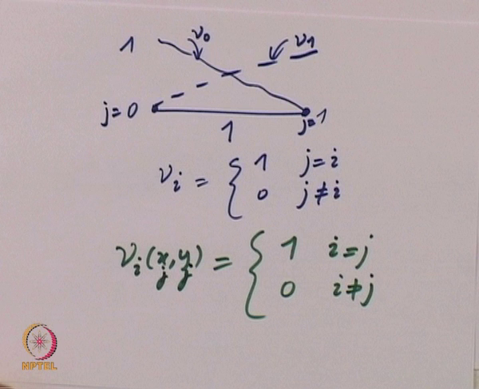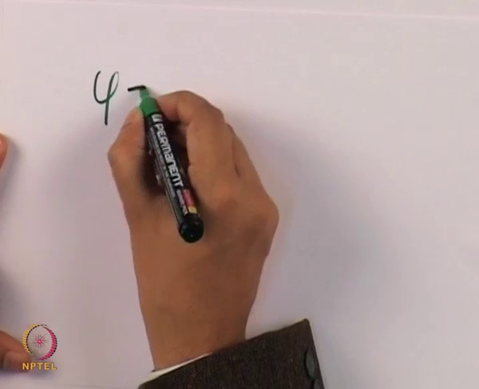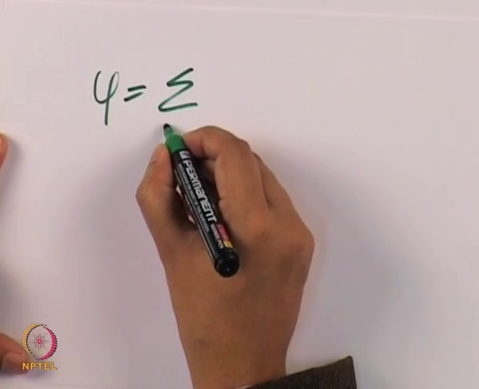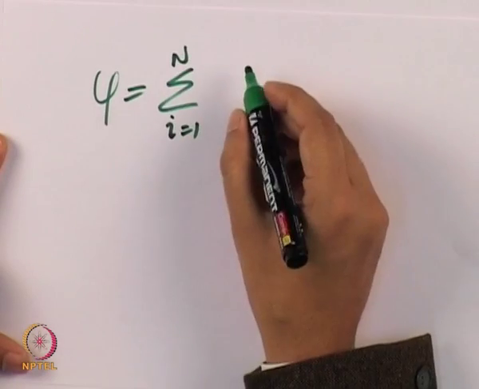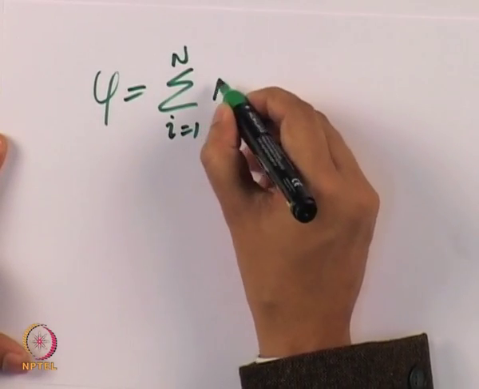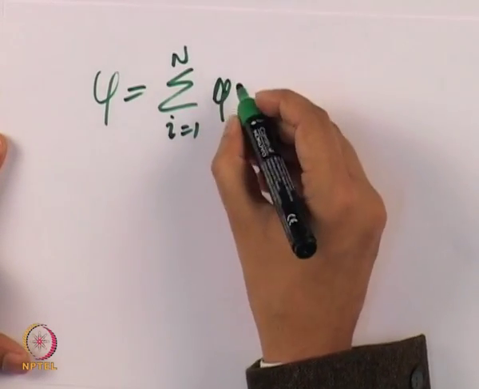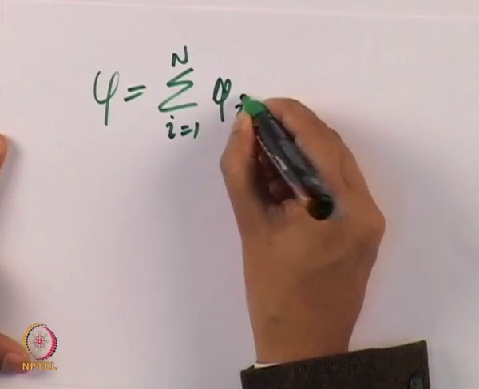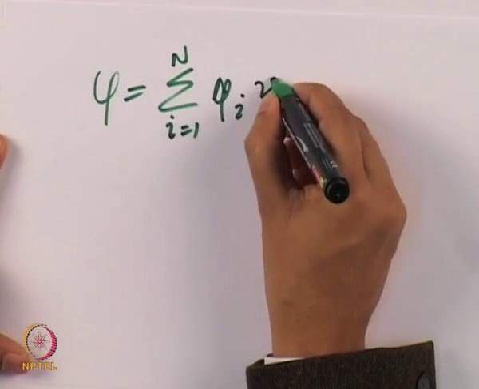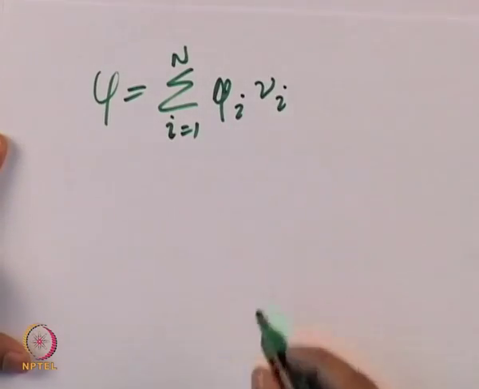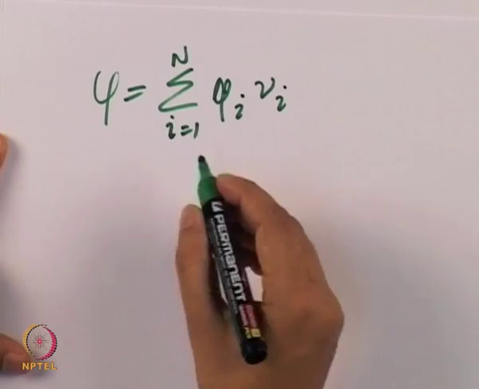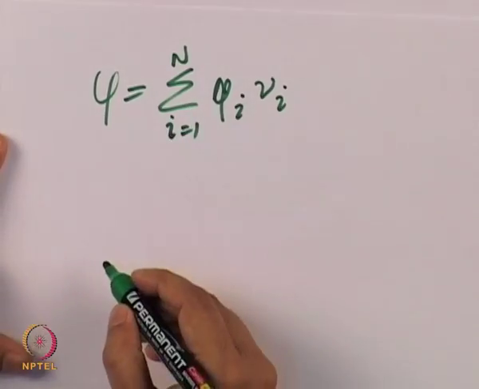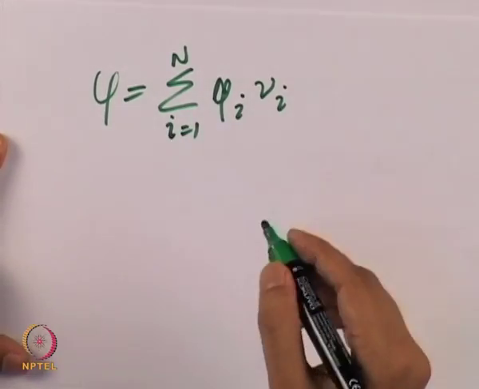With that being said, I am going to go forward and state certain properties about the boundary condition itself. I said phi is equal to sigma I equal to 1 to n for the entire domain, of phi of I multiplied by v of I, where v are the basis functions. I can split this into the terms inside the domain and the terms on the boundary.